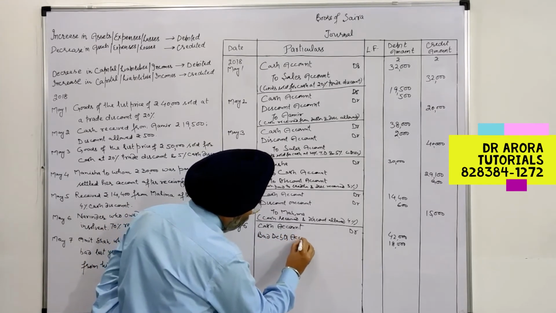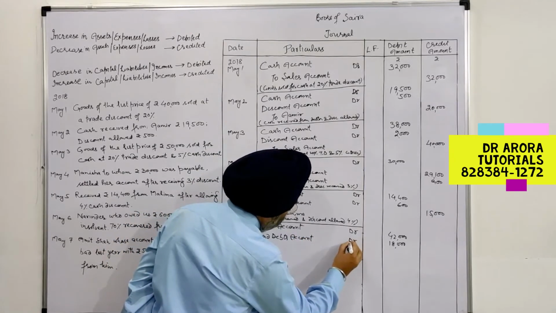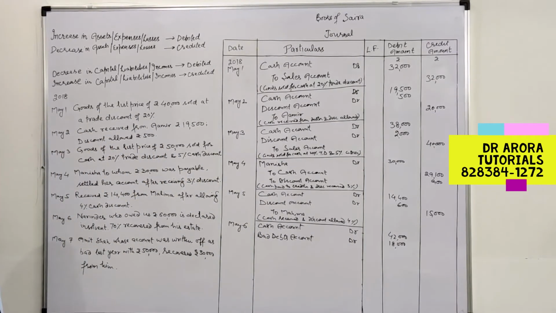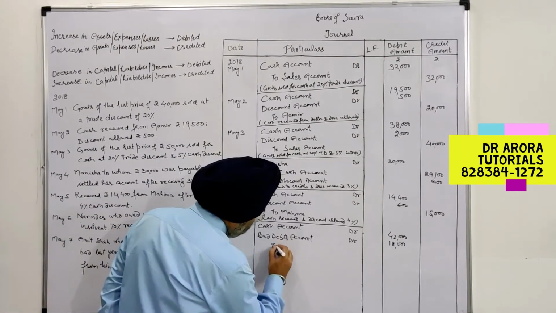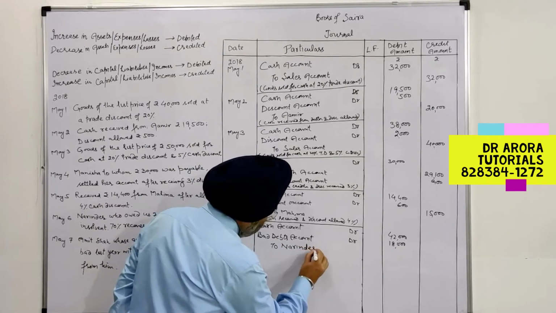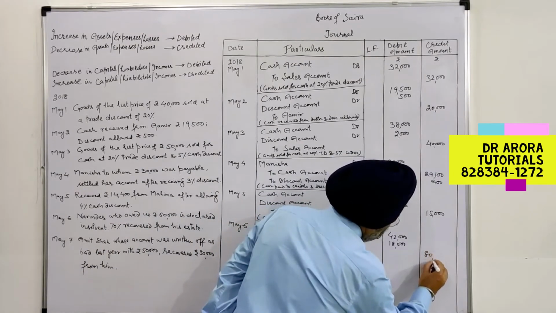And expenses or losses are to be debited. Increase in expenses or losses, debit all expenses or losses as per the third rule on the basis of traditional rules. And credit the giver, Narinder is the giver, or decrease in debtor. Decrease in debtor means decrease in asset.